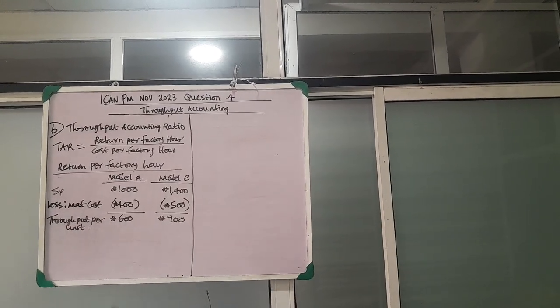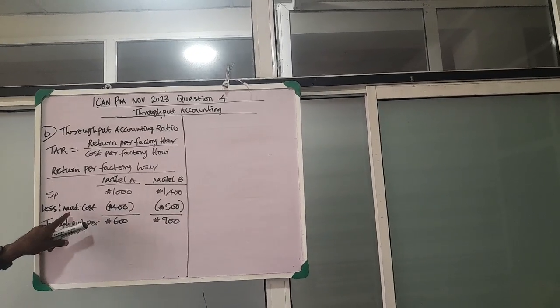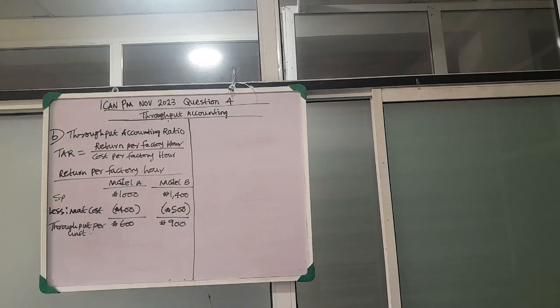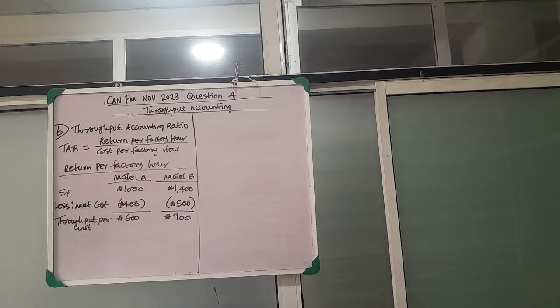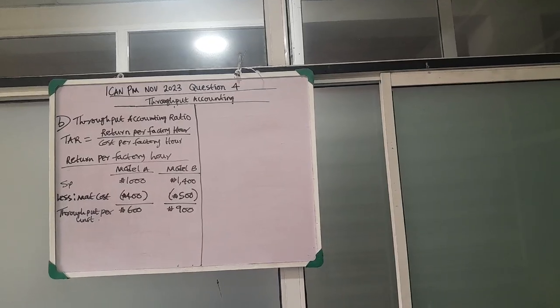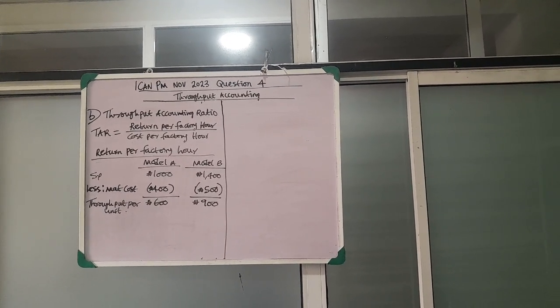If you recall when we did the marginal costing, the contribution per unit, we did less material and less the production. But here we are doing only less material. So this gives us the throughput per unit. Now the throughput per unit that we have gotten, we are going to divide it by the machine hours per unit.